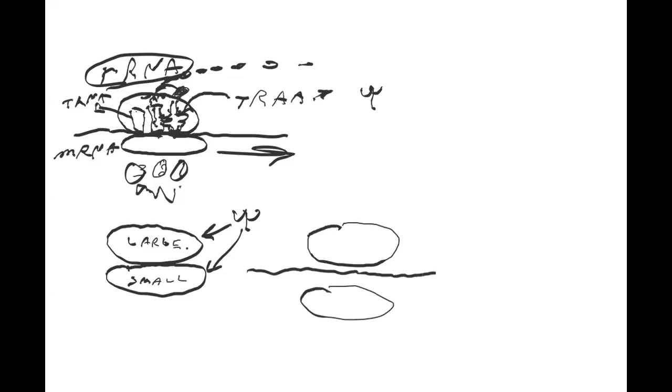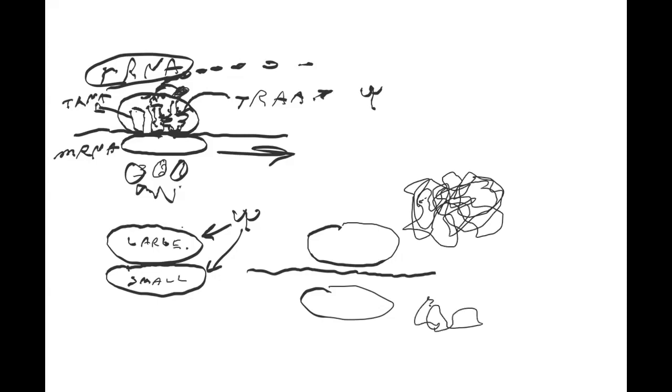But this structure is actually an RNA structure, and it's complex. There's no way that I can perfectly draw it, but it kind of folds on itself. Okay, and then this one will do something similar.